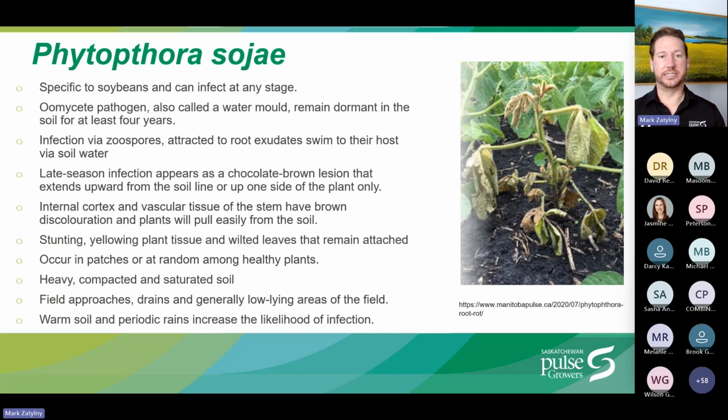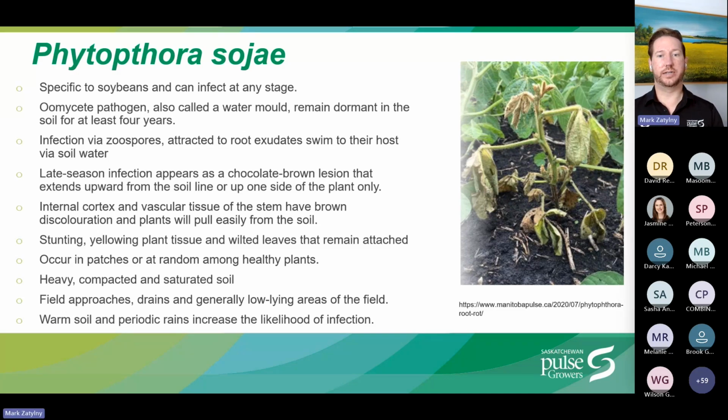Similar to Aphanomyces, it is an oospore pathogen, so basically a water mold. It can just hang out and be dormant in the soil. Thankfully, it seems to have a little bit less longevity compared to Aphanomyces, so around 4 years in the soil. It then releases those zoospores attracted to the roots, swim through the water that is in the soil, and infect those crops.